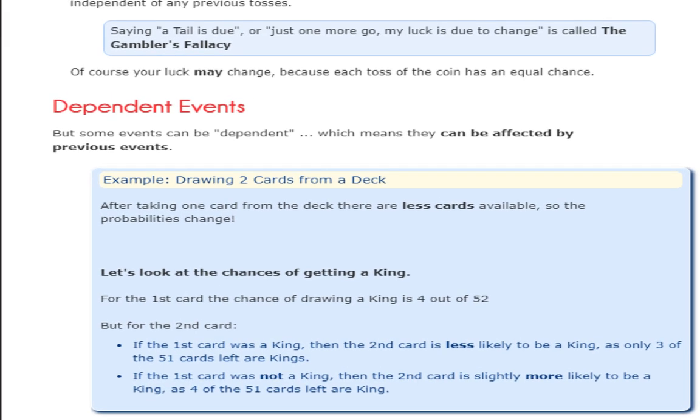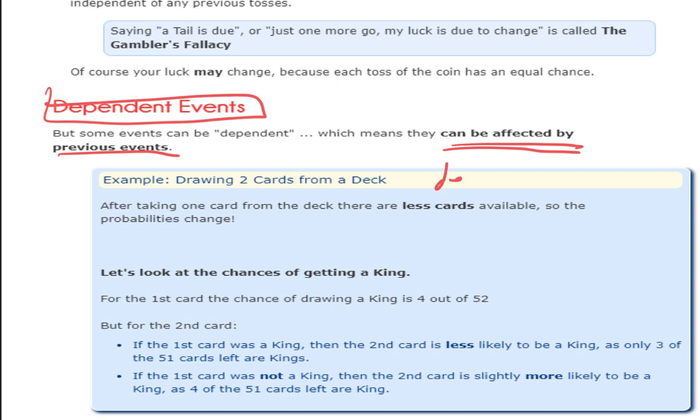Now let's talk about dependent events. Dependent events can be affected by previous events. Here's our example: drawing 2 cards from a deck.